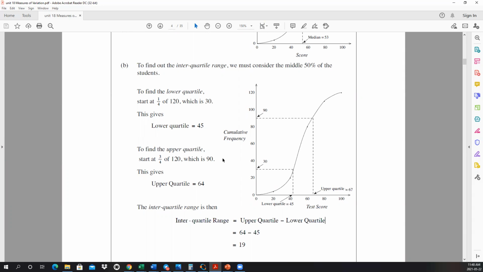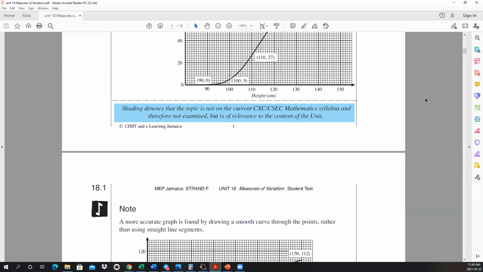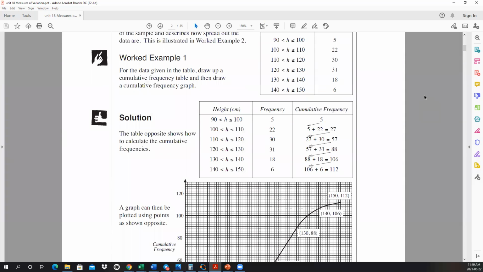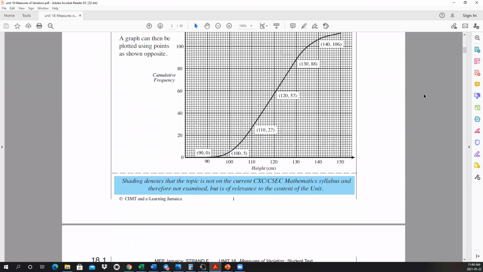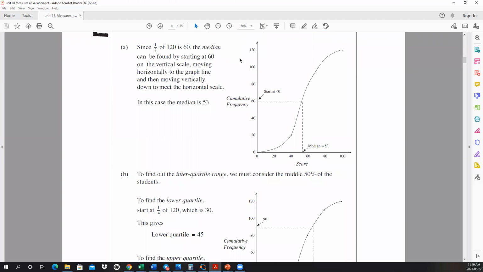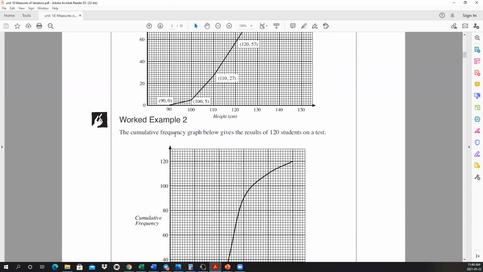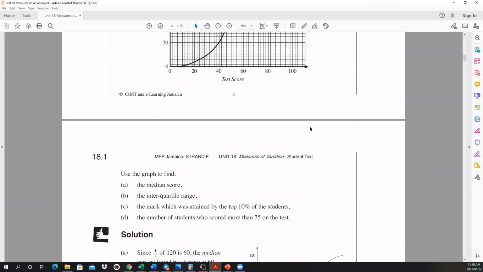So lower quartile, you have 120 data points, 120 students. So the lower 25%, because remember, they have this senior find. They don't give a table, but you have these students lined up because there are 120 of them.